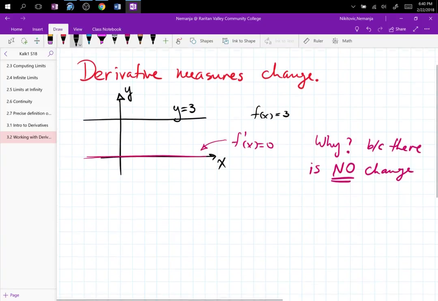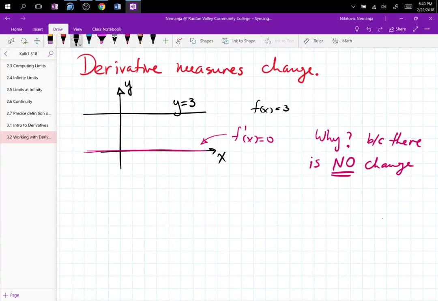Now, if you have a function which changes, I'm going to put some easy stuff. So let's start here at x negative 1, y 1.